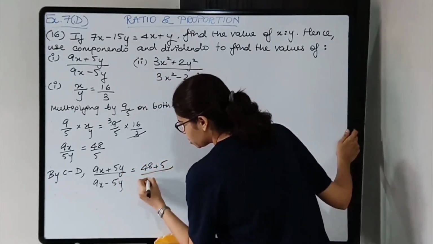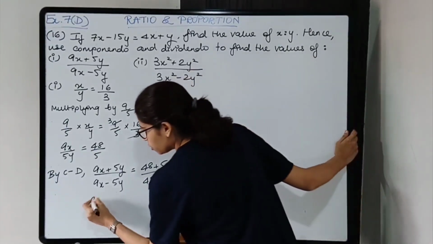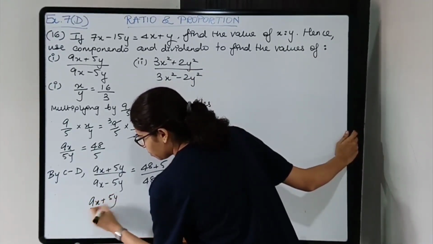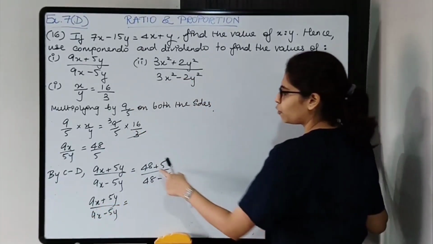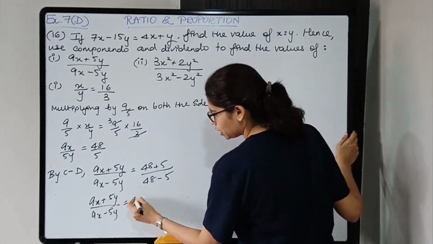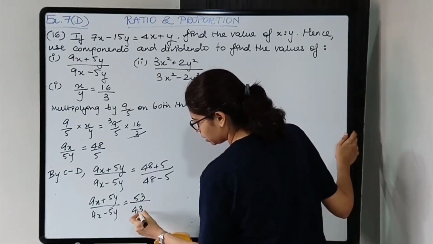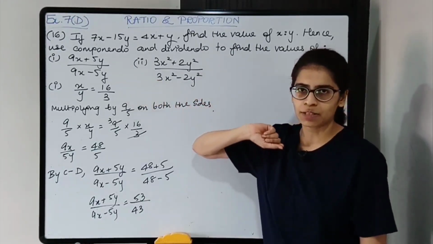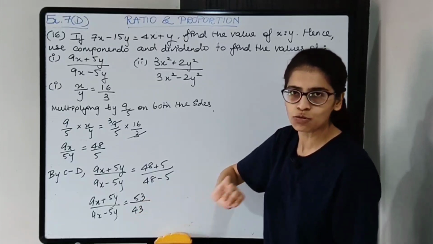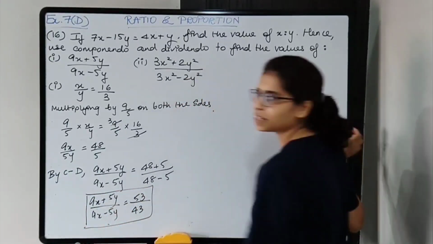So 9x plus 5y upon 9x minus 5y will be equal to 48 plus 5 will give 53 and 48 minus 5 is 43. So the value of 9x plus 5y upon 9x minus 5y is 53 is to 43. Box this. First part done.